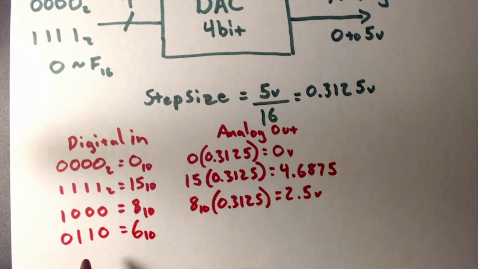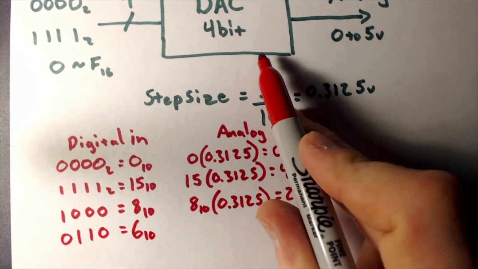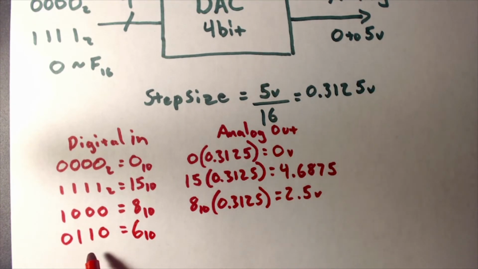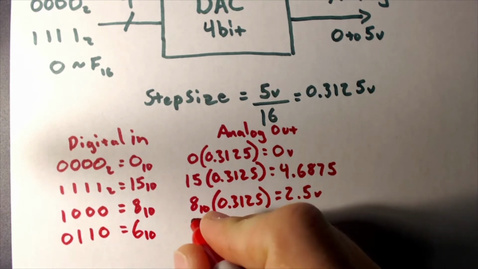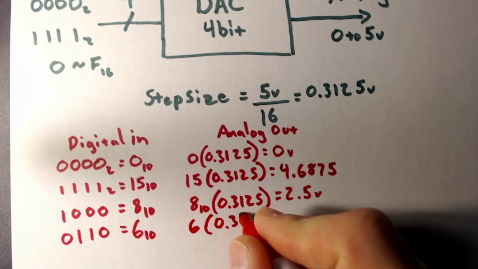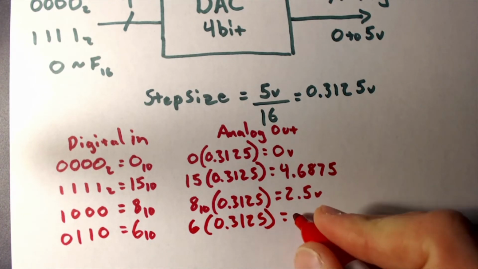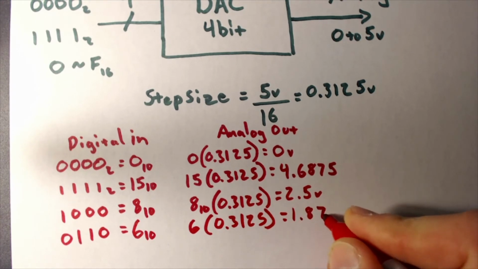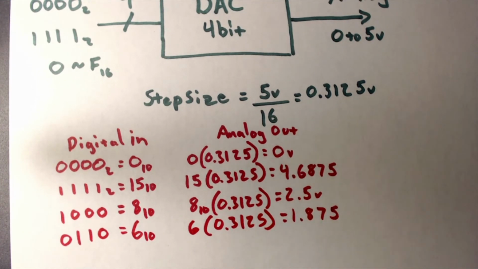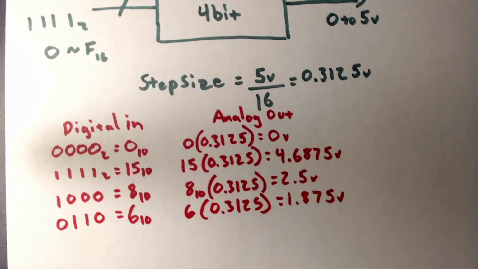If we want to know what our analog output would be from our DAC given a digital input of 0110, or 6 decimal, just take 6 times the step size, 0.3125, and we get 1.875 volts. All of these are volts. Similarly, whatever digital input you have, just multiply that by your step size, and that's the voltage output.